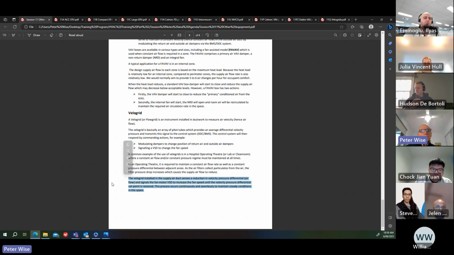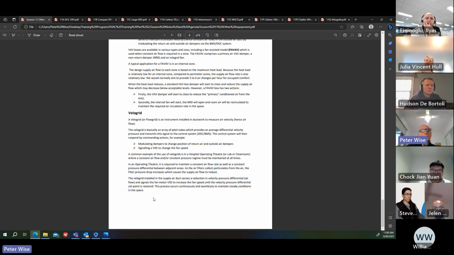So in this case, the velogrid installed in the supply air duct senses a reduction in the velocity pressure differential, which is the airflow, and signals the fan motor variable speed drive to increase the fan speed until the velocity pressure differential set point is restored. So this process occurs continuously and seamlessly to maintain steady conditions in the space. So it works well. It's been done on many occasions.